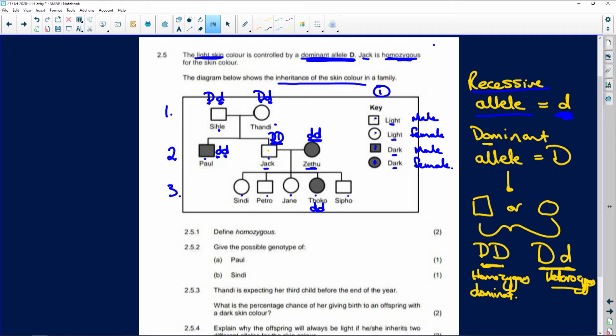This diagram cannot be correct, and I'll tell you. Oh, it can. And then Cindy, Petro, Jane, and Sipo are all heterozygous. They would have got the dominant allele from Jack and the recessive allele from Z2. So there we go, we've just done the whole pedigree diagram.